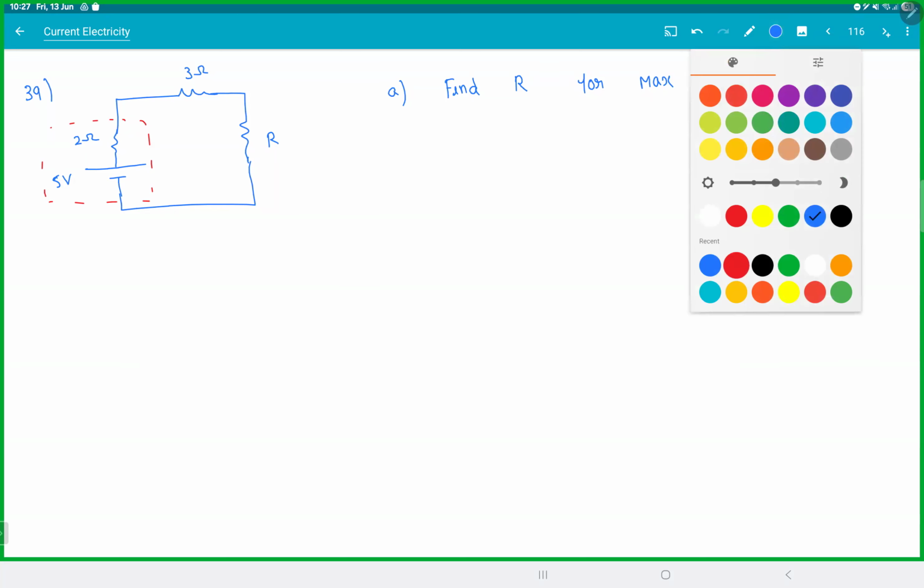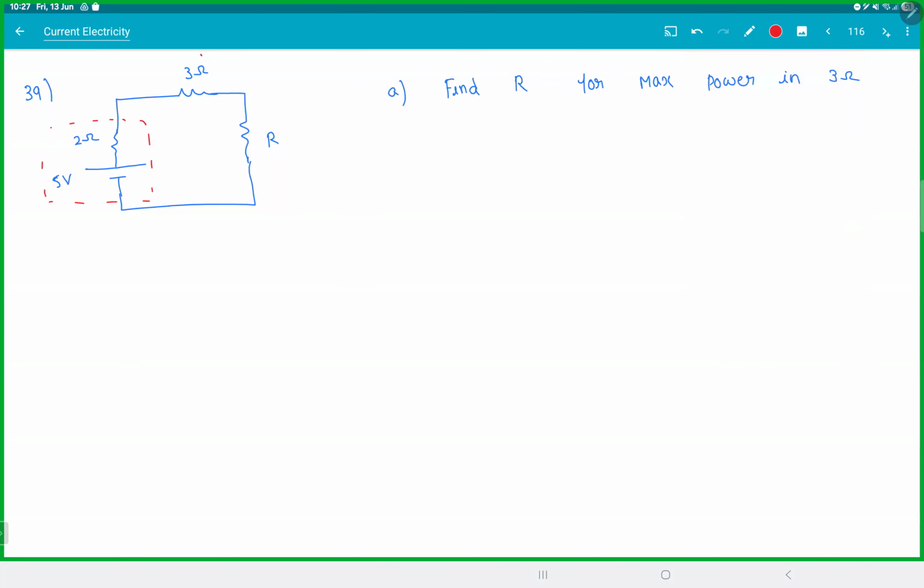This is the argument: this 3 ohm doesn't know who is internal and who is external, isn't it? So the 3 ohm will think 2 and R is the internal resistance. And from the maximum power transfer theorem, 3 should be equal to 2 plus R, therefore R is equal to 1.